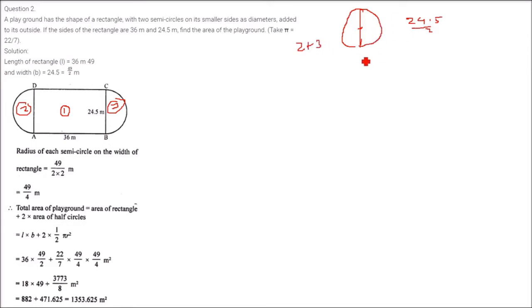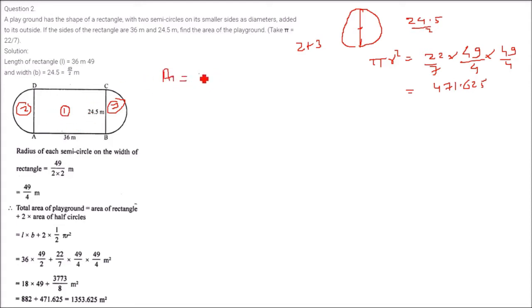So the area of this second and third added will be pi r square. This will be 22 by 7, and what is this 24.5 by 2? You can write it as 49 by 4. So this is how we calculated pi r square, that is 2 plus 3, and this is going to be 471.625.